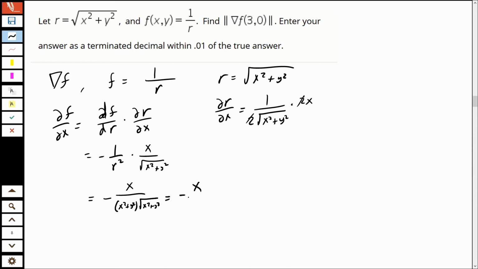So minus x over (x squared plus y squared) to the 3/2. Okay, so same thing, but we do the derivative with respect to y, and this is going to be exactly the same. dr/dy is going to be y over the square root of x squared plus y squared.